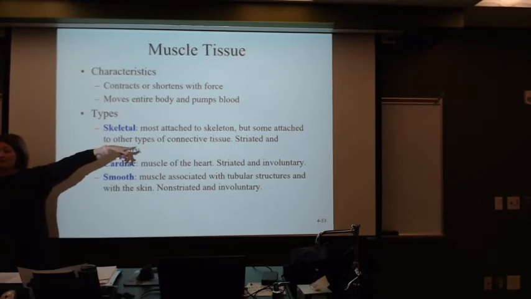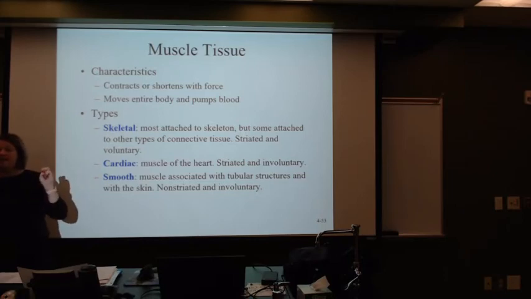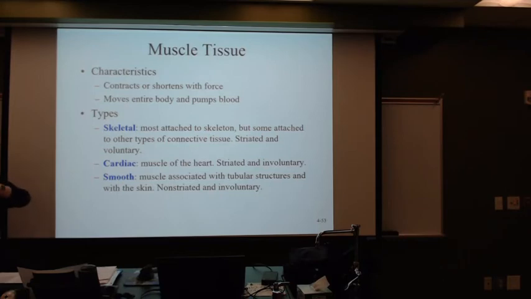One thing about the skeletal that we'll learn, it is termed striated and voluntary, because skeletal muscle is what we voluntarily move. The cardiac muscle is termed that because it is strictly the heart.